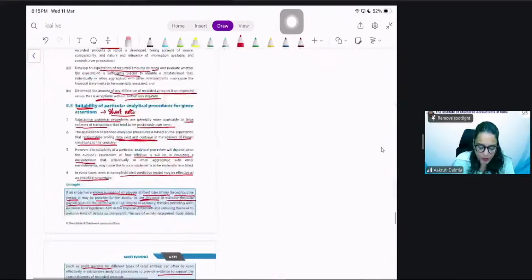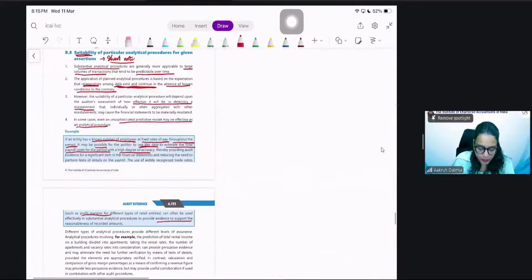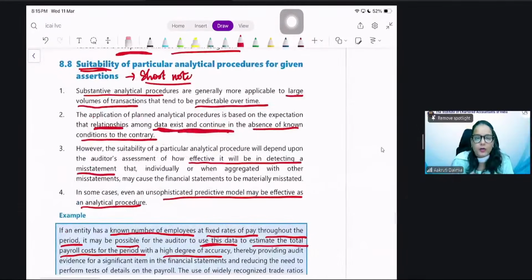So how does an auditor decide what is suitable? Anything that becomes predictable over a period of time, when the relationship between the data continues to exist without any changes, and if you are able to create some predictive model, which means the sales increases between 9% to 11% every year.